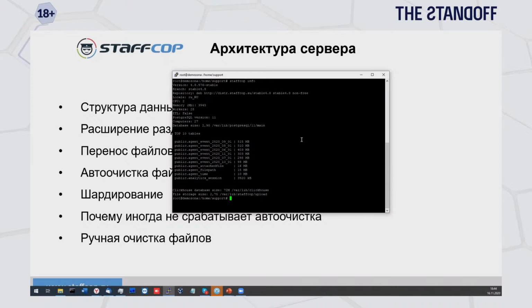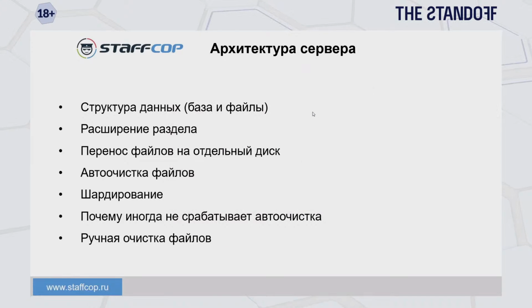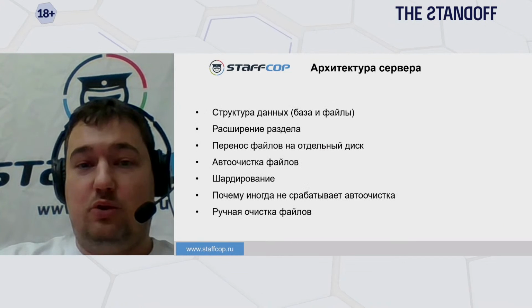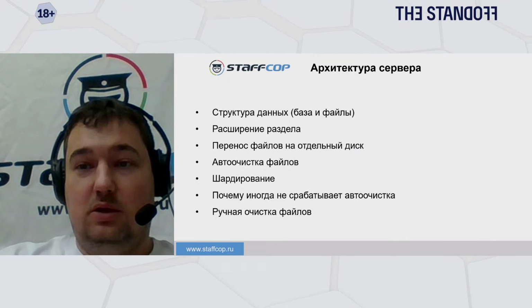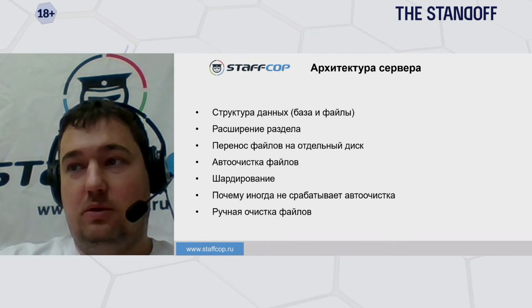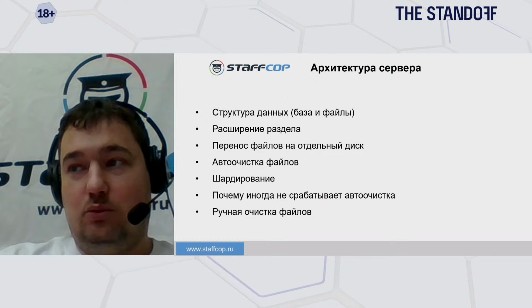Sometimes a lot of data is collected, and people realize that they need to increase the space for storing data. We have a special chapter in the instruction set about this. If you use a hypervisor or a virtual machine, you just enter the settings and increase the size.